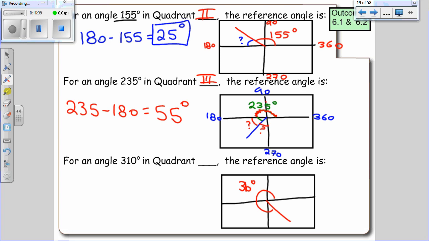The reference angle is this little guy up here. To figure that out, I would do a full circle, 360 degrees, and subtract out the 310 degrees, making my reference angle 50.